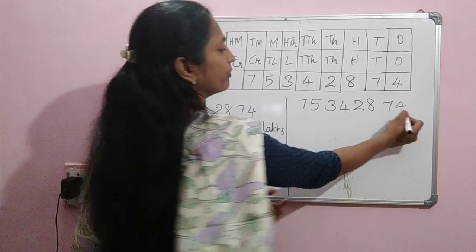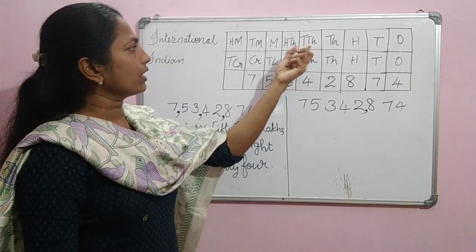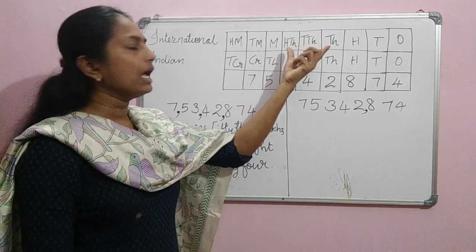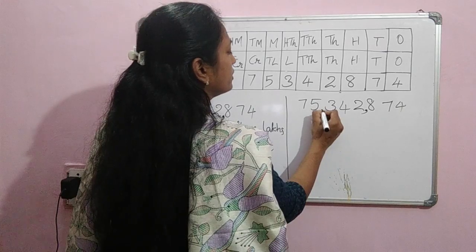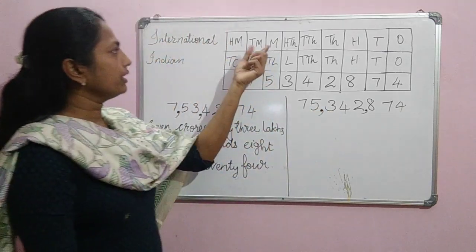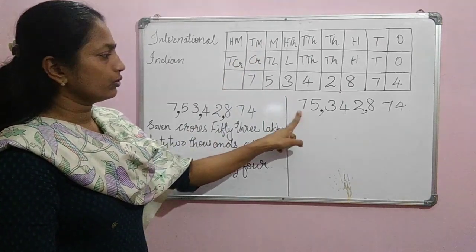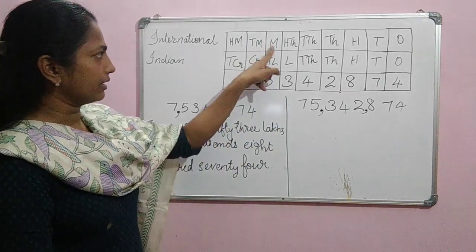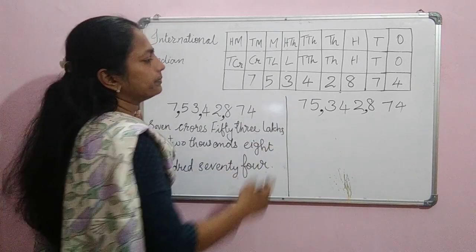After ones group, after 3 digits, we put comma. Then next 1000, 10,000 and 100,000 comes in thousands group. So after this thousands group we put comma, then millions and 10 millions. Here two places are there for millions. So no need to put the commas here.